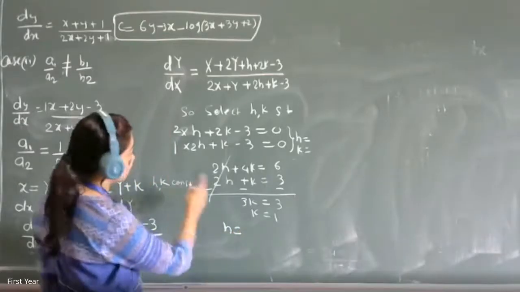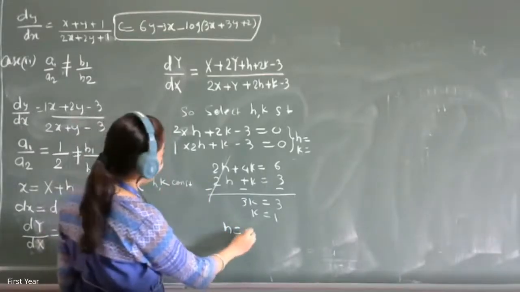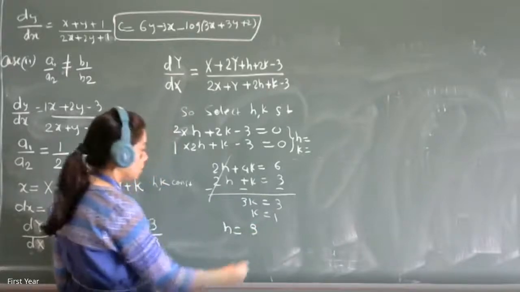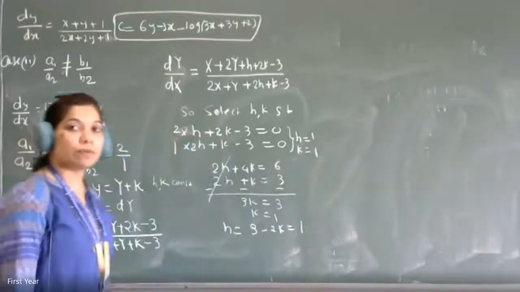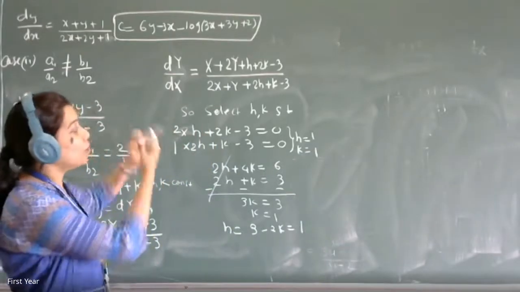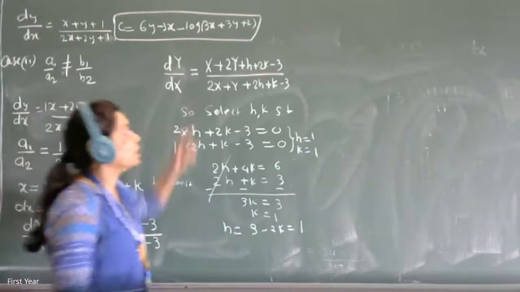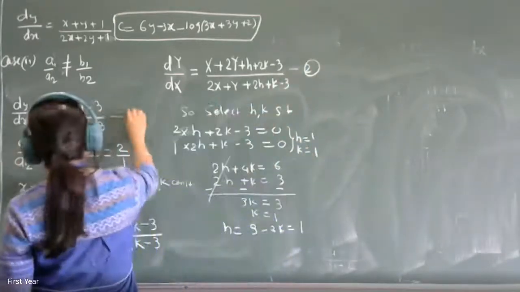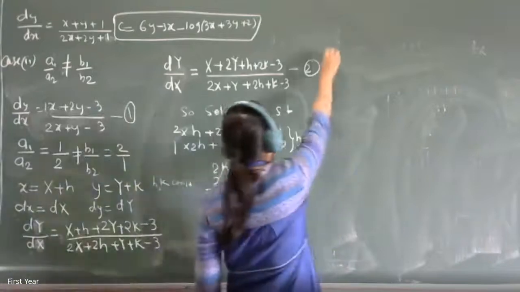And h is equal to, I'll take one of the equations, 3 minus 2, which is 1. So h is 1 and k is 1. Now, if you put h equal to 1 and k equal to 1 in this equation, what will it become?